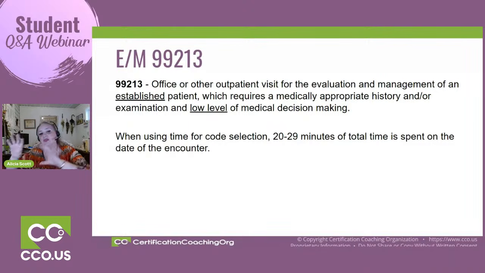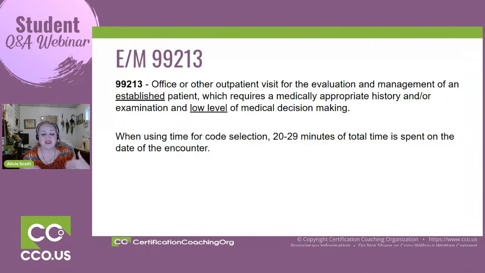Now, throwing out the leveling, if it's more beneficial for the provider to go by time, that's there. And we know it's 20 to 29 minutes. But that's so simple, we're not going to talk about that. If the provider chooses to do that, or that's the way it's going to be beneficial to the provider, then just go by time. But not always is that the case.